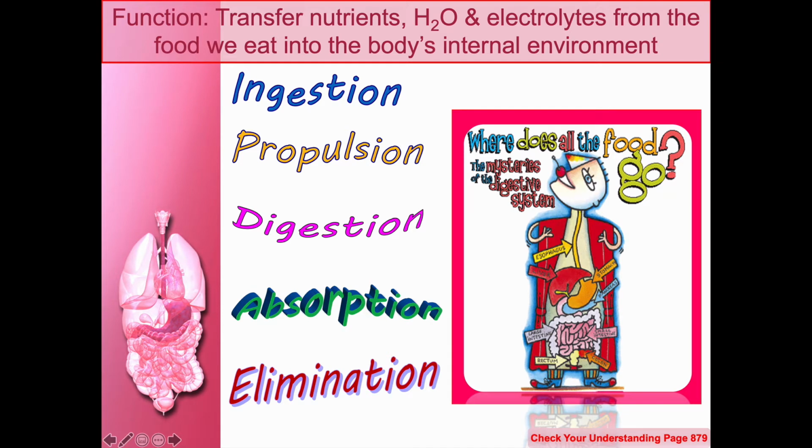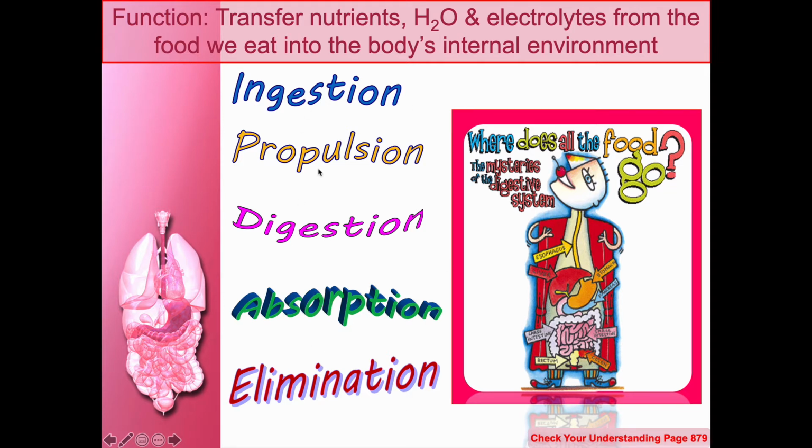The digestive system transfers nutrients, water and electrolytes from the food we eat into the body's internal environment. There are many things you have to understand about ingestion, propulsion, digestion, absorption, and elimination. We eat food for this purpose.